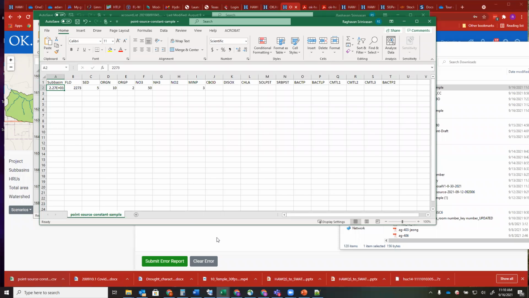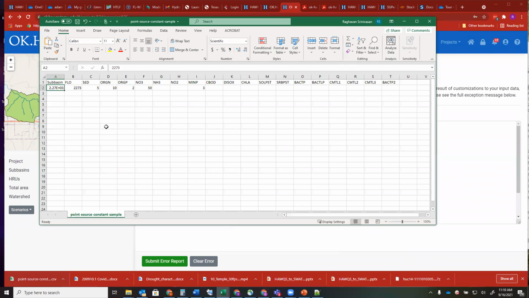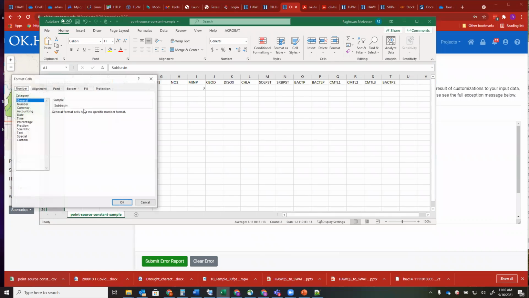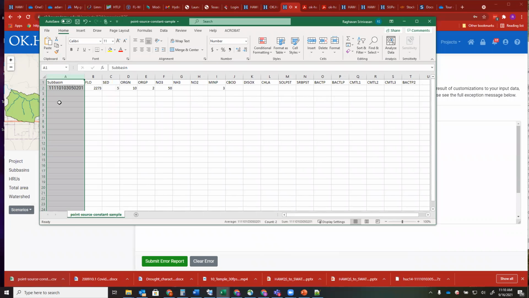No, not that one. So we applied it on this subbasin. Change the format to number, so that it will retain the value instead of truncating to the exponential form.